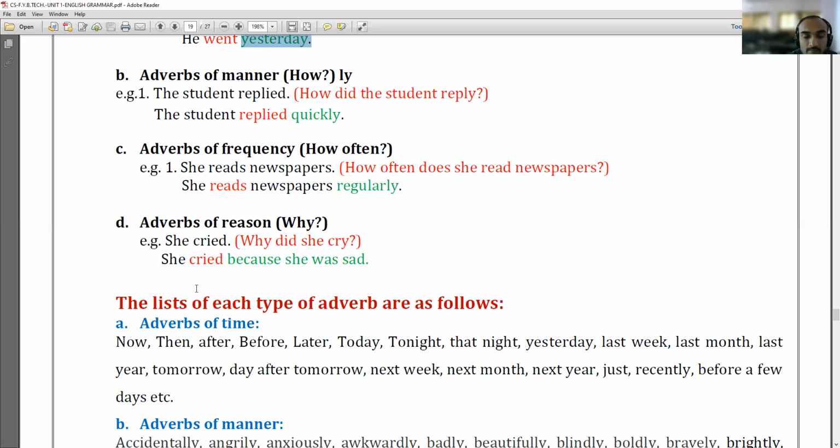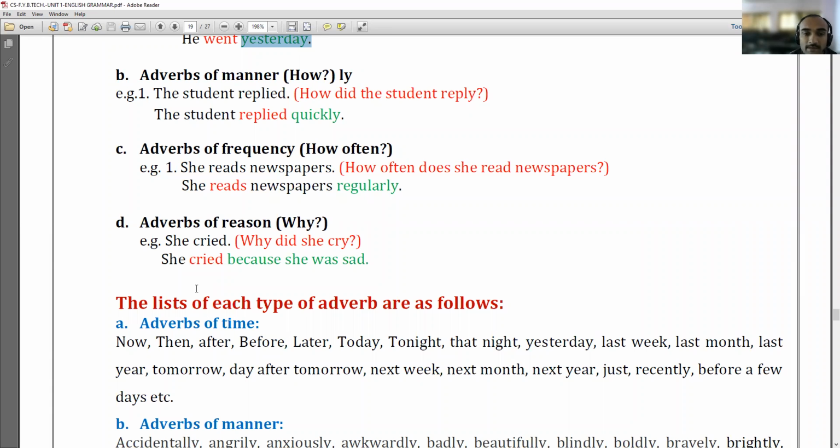So here because is called as adverb of reason. Why? का असं तर because हा शब्द कारण दर्शवणारा शब्द आहे. Reason: because is the word which shows the reason. because नंतर जे येतं ते reason असतं, पण because हा शब्द कारण दाखवतो. That's why because is called as the adverb of reason.